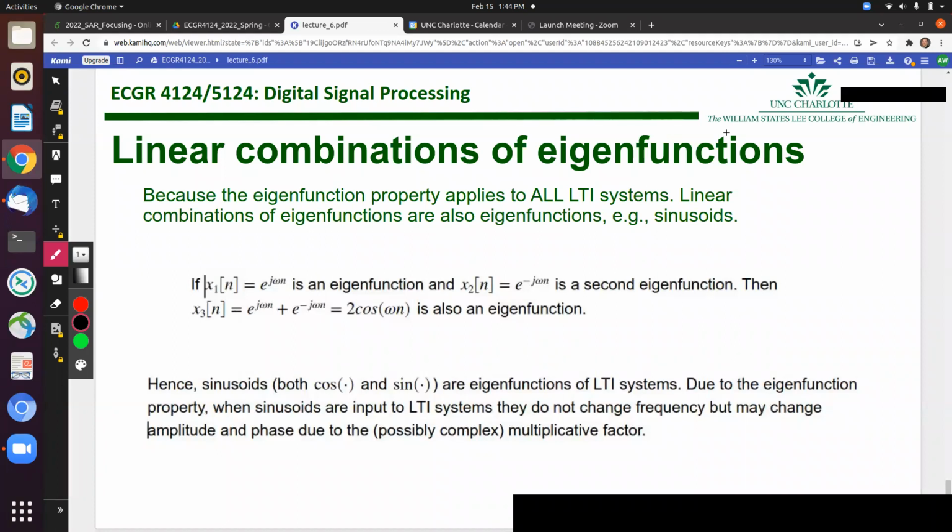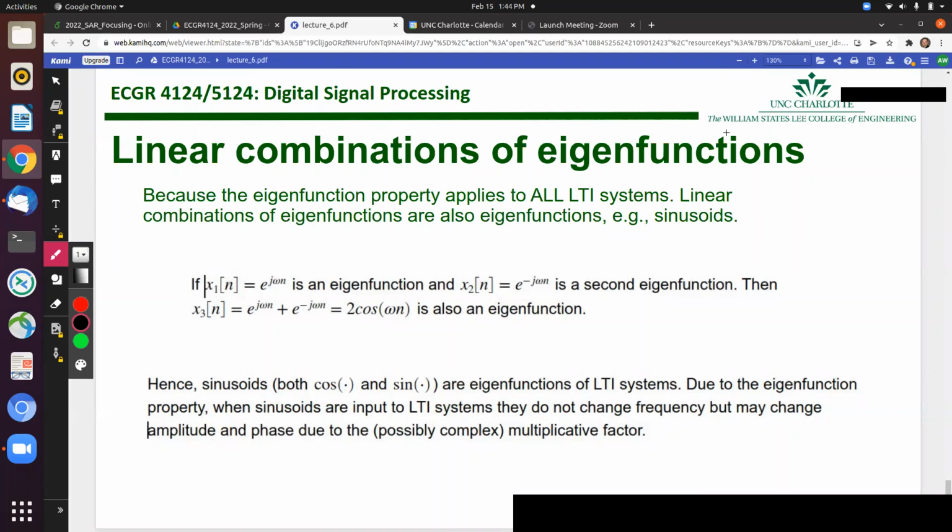So if I put in one complex exponential and it gets multiplied by some complex constant, and I put in another complex exponential, it gets multiplied by a different complex constant. Linear systems satisfy superposition, homogeneity and additivity, so the sum has to also be an eigenfunction.